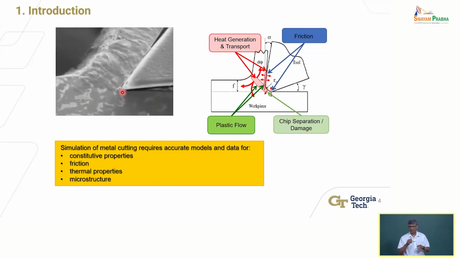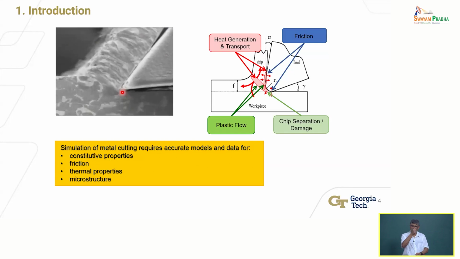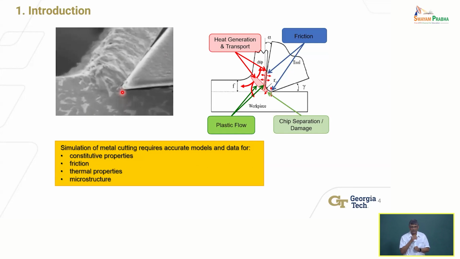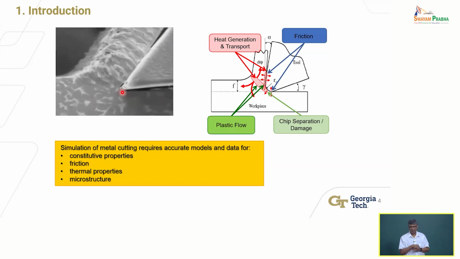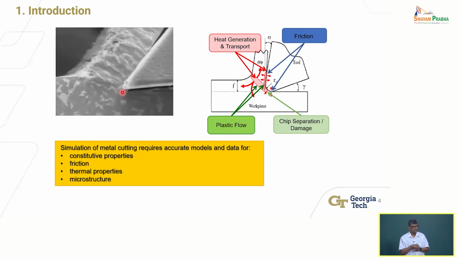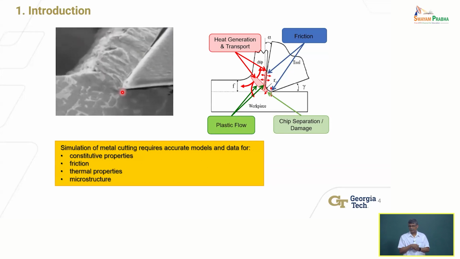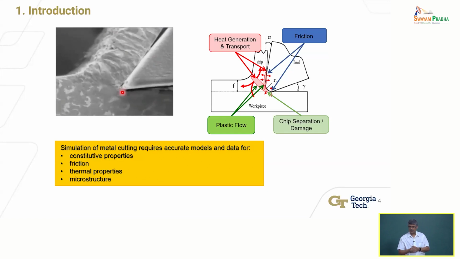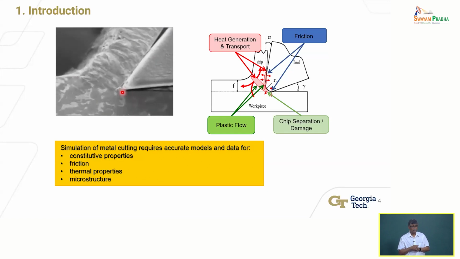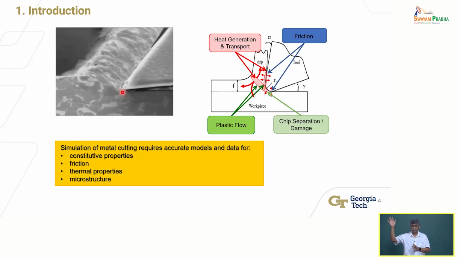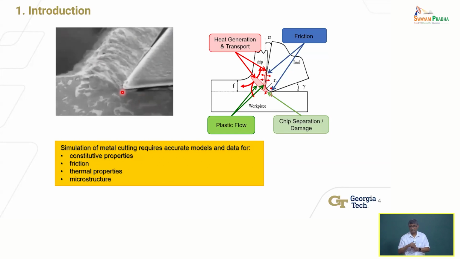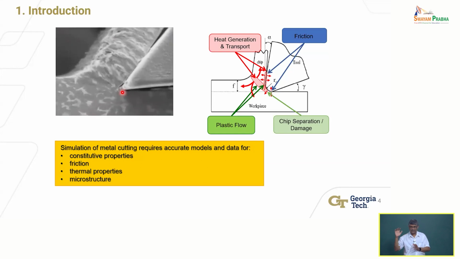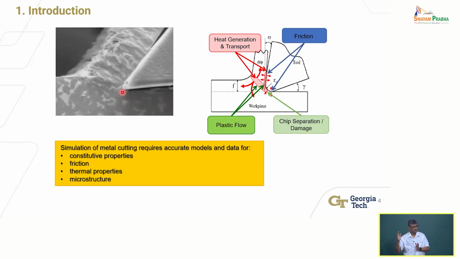Those are performed at strain rates where you're pulling the material at extremely low rates, 10 raised to minus 2 per second or something of that order of magnitude, or even 10 raised to minus 3 per second. Very slow pulling of the material. The material here is being subjected to strain rates on the order of 10 raised to 3 to 10 raised to 5 per second, sometimes even greater. So you're talking of 4, 5, 6 orders of magnitude greater than in a tension test.